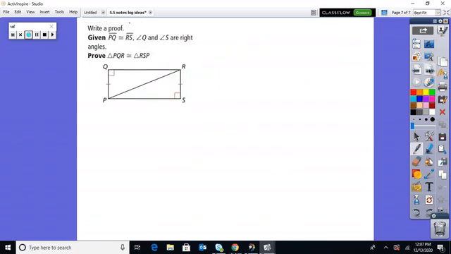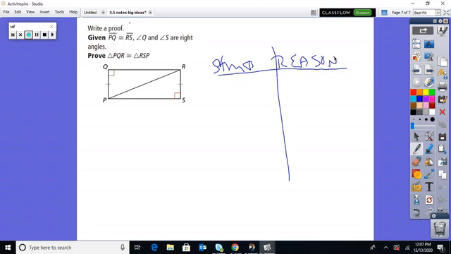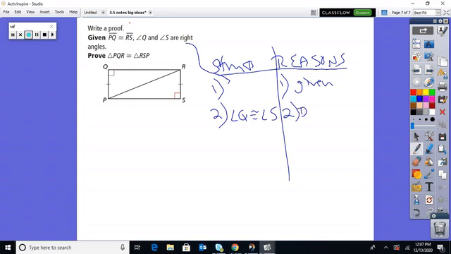And then this last one, you've got statements and reasons. All that is given. All right, we got the right angle, so we have to say it. We have angle Q congruent to angle S, definition of right angles.